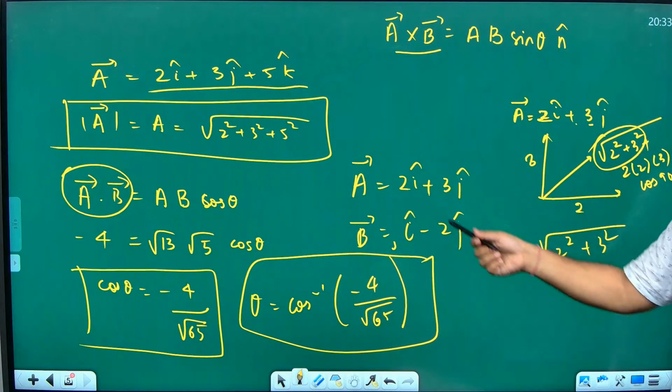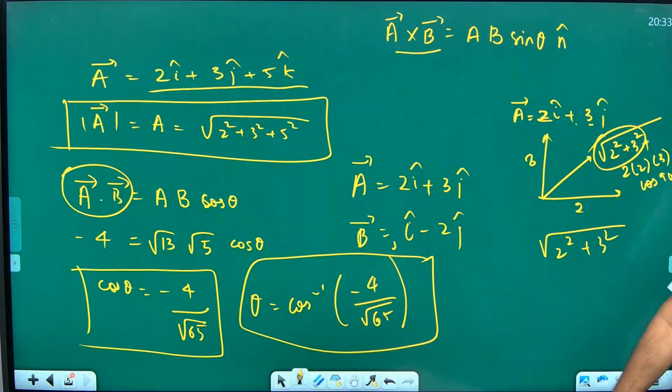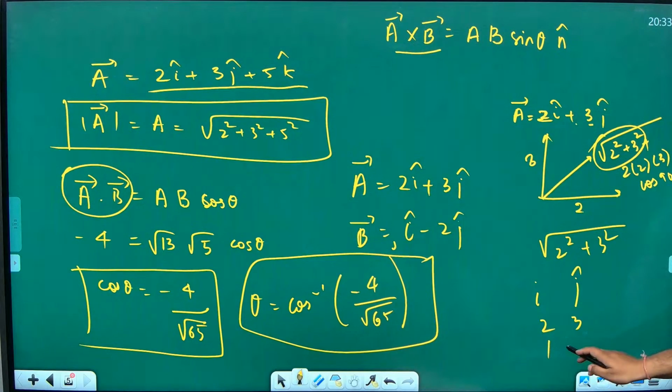It will be minus 4 minus 3. So it will be how much? You should not write like this actually. First you will write i cap, j cap, then you will write 2, 3, 1, minus 2.